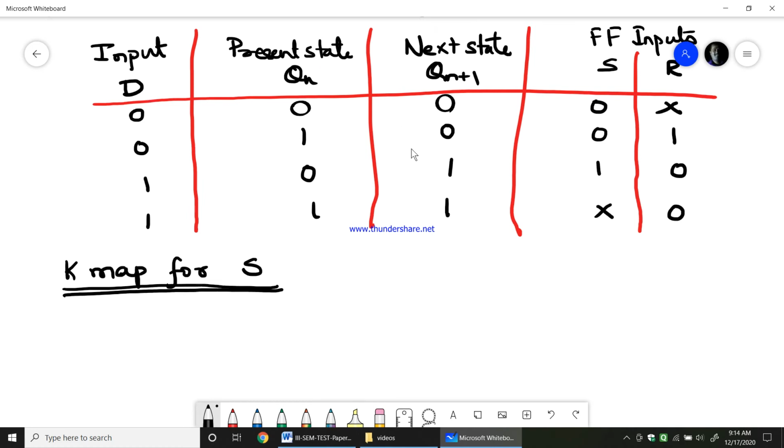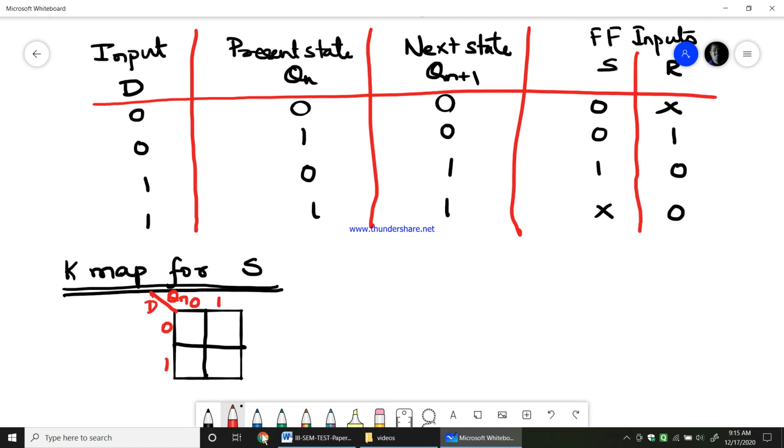You don't consider the next state for any conversion. You take the input of which you are going to convert and the present state. Therefore this is a two-variable K-map, because only two variables, D and Qn. So I have D, Qn, 0, 1, 0, 1.